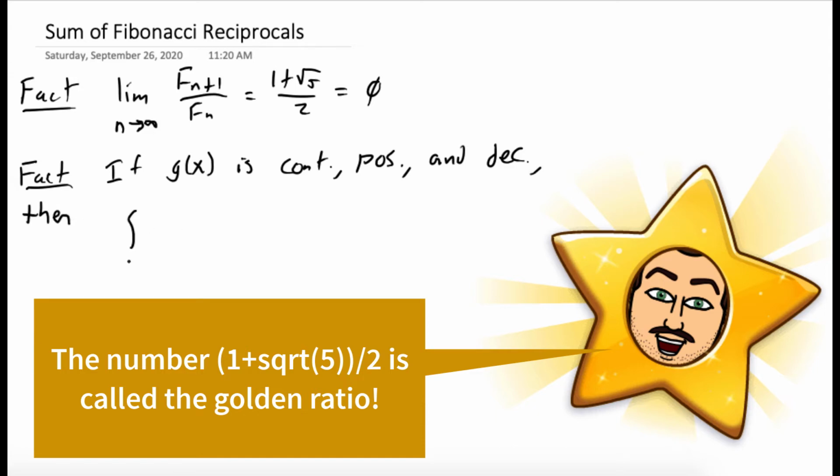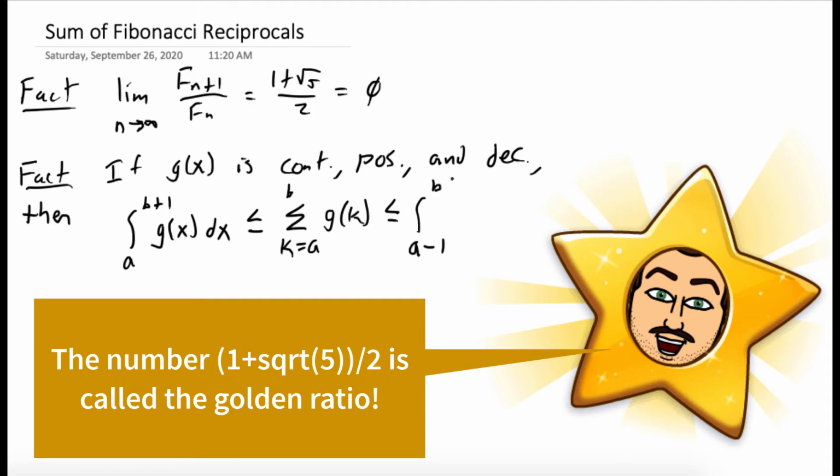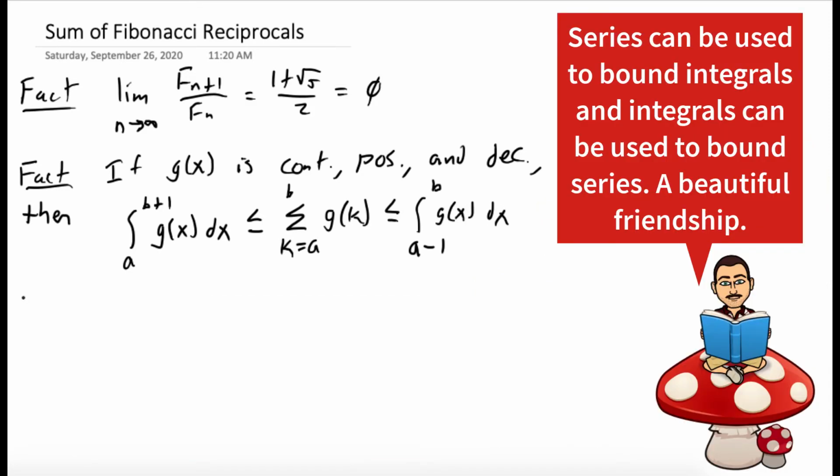The integral from a to b plus 1 of g of x dx is less than or equal to the sum from k equals a to b of g of k, which is less than or equal to the integral from a minus 1 to b of g of x dx.